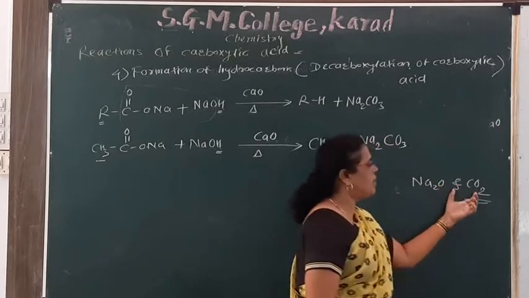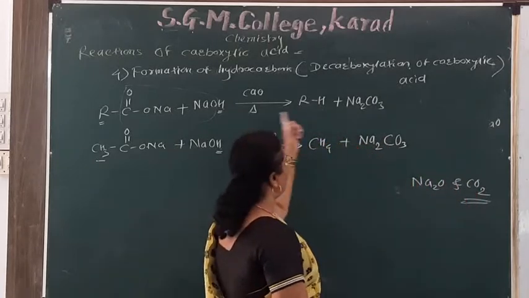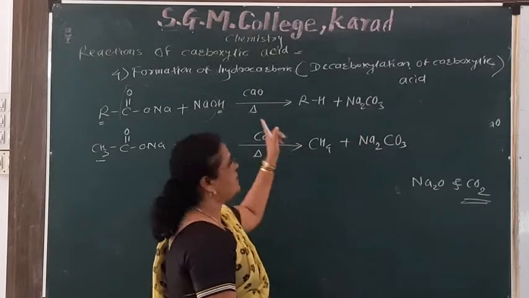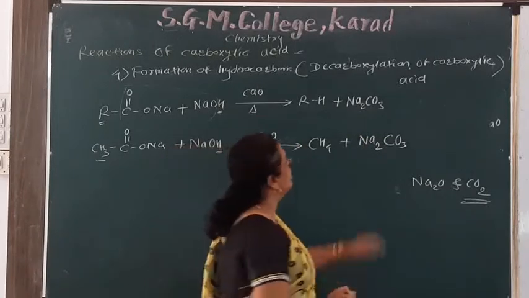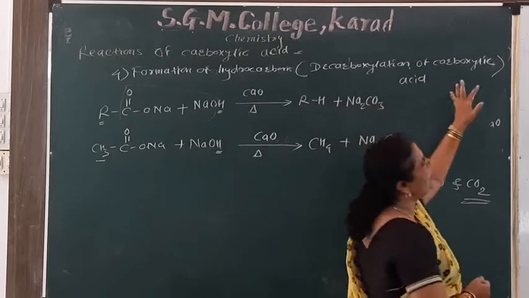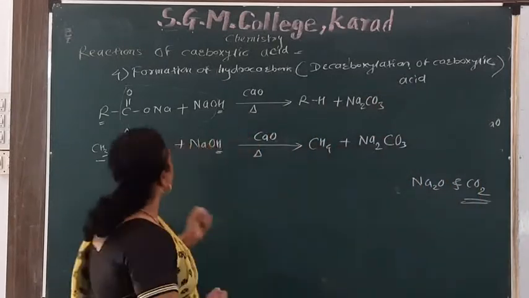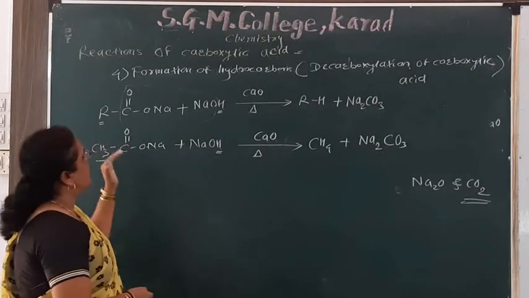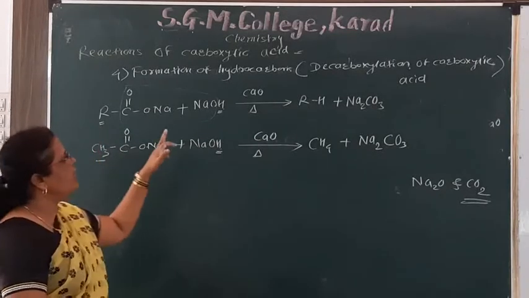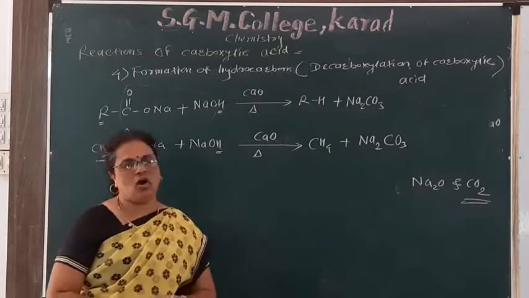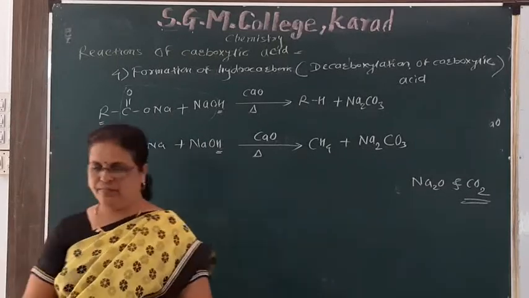Carbon dioxide is removed in the form of Na2CO3, and therefore this reaction is also known as decarboxylation of carboxylic acid. This is the fourth reaction of carboxylic acid: formation of hydrocarbon or decarboxylation of carboxylic acid.